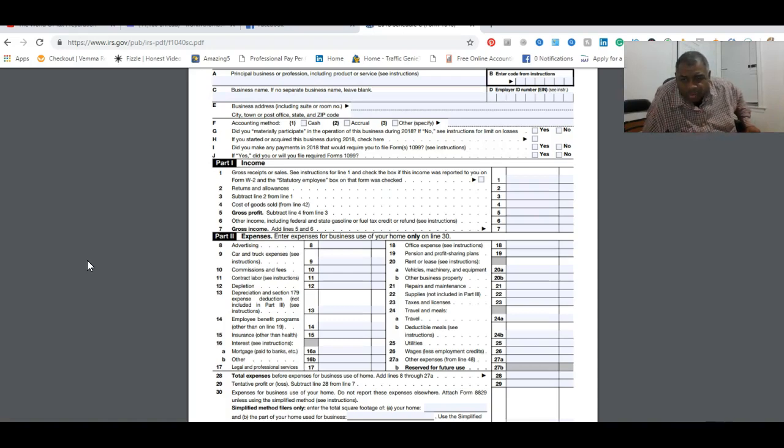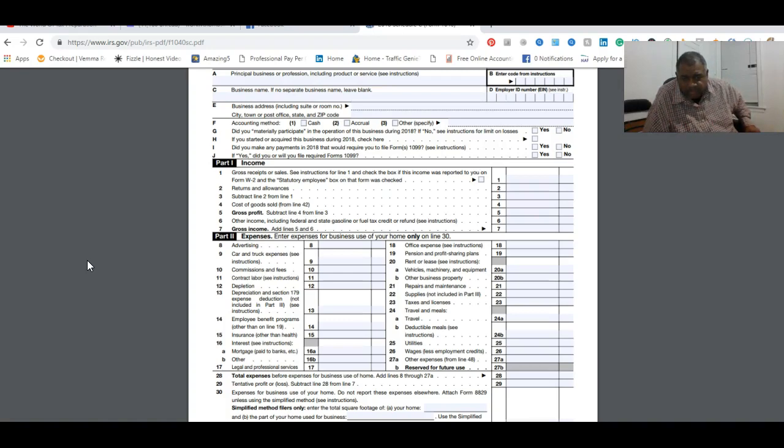I'm not going to go through all the expenses because a lot of them won't apply to everybody. Rent expense. If you have a commercial location, then you definitely have rent expense. Repairs and maintenance. If you're responsible for fixing any issues inside your location yourself, then you would write those off. Taxes and licenses you need for the location.